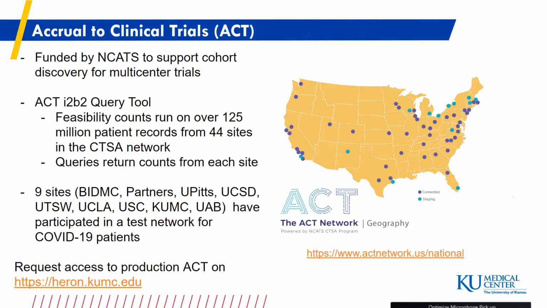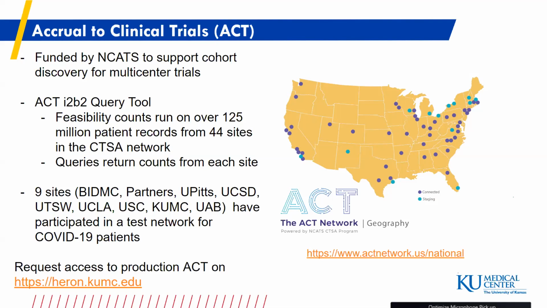The other effort that we are part of is the Accrual to Clinical Trials, or ACT Network. ACT Network was initially funded by NCATS to support cohort discovery for multi-center trials. ACT has built an i2b2-based query tool, which can be used to do feasibility counts, run over 125 million patients from 44 sites across the United States.